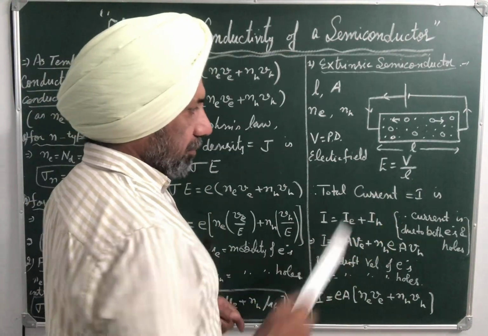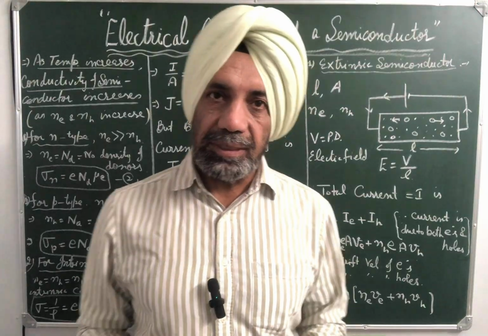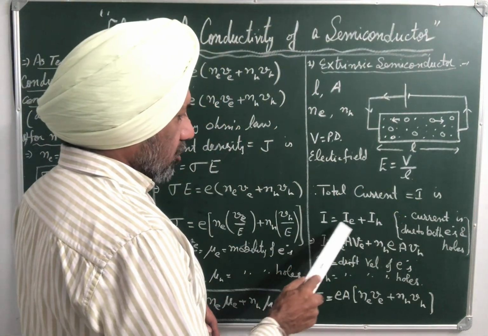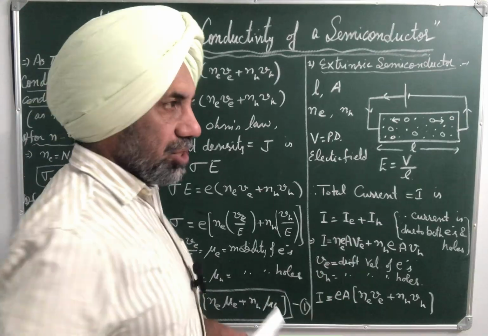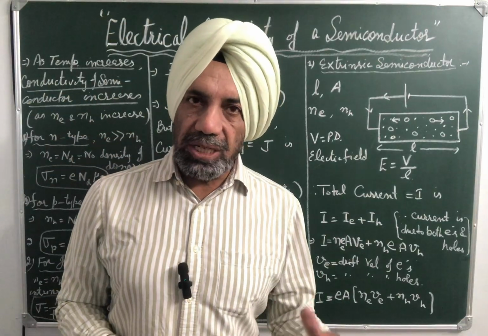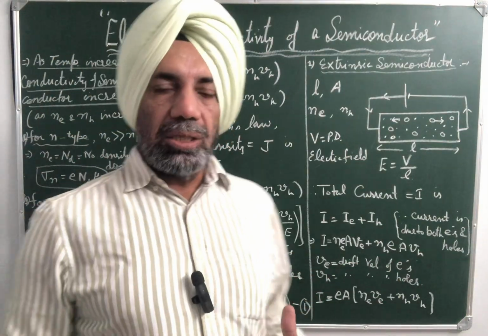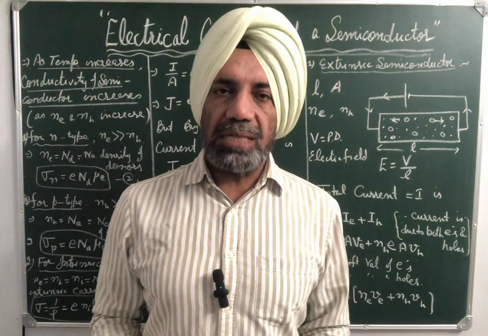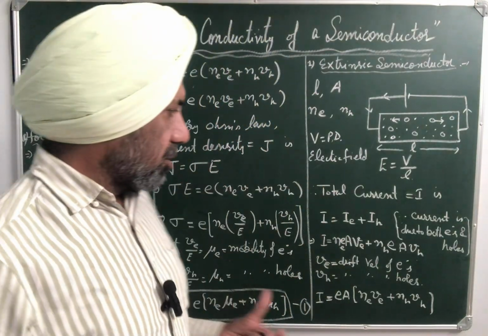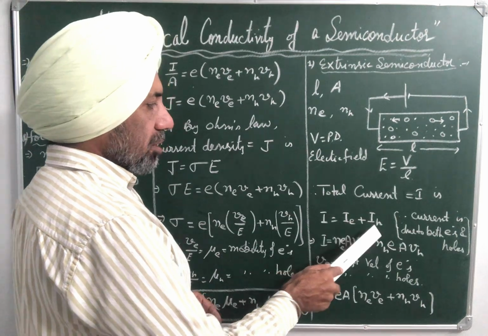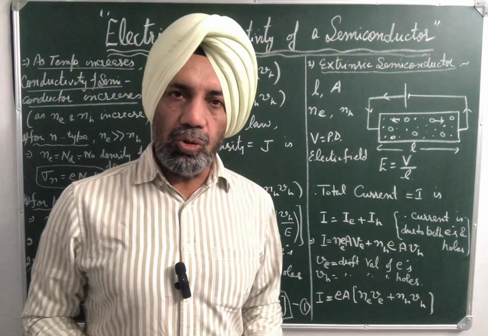Therefore total current I through the semiconductor is given by I = Ie + Ih, because in an extrinsic semiconductor, current is due to both electrons as well as holes. So total current is the sum of the current due to electrons and the current due to holes.